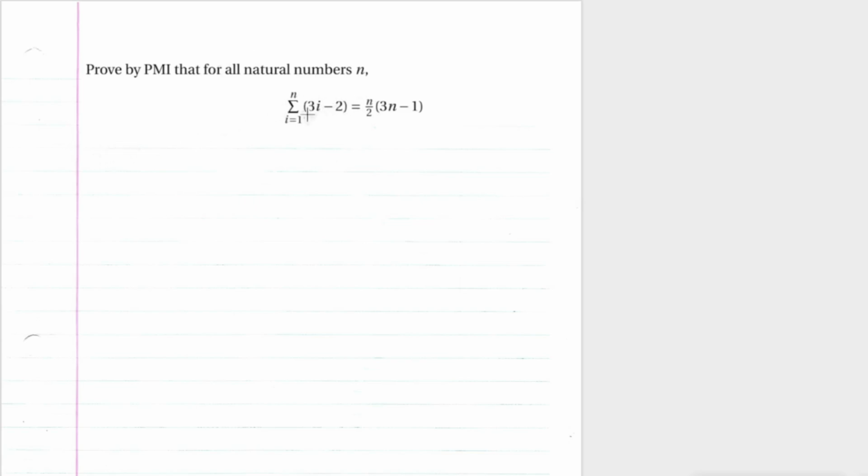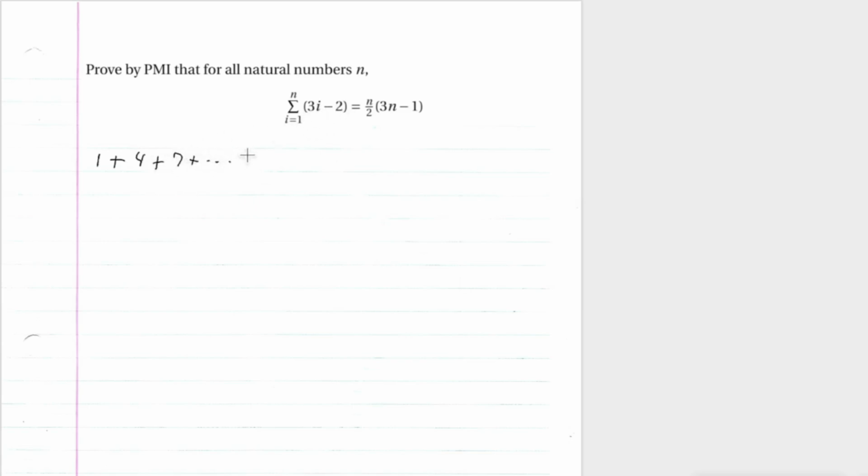So we have the first term of the series: if we plug in 1, that would be 3 times 1 minus 2, so that's 1. Plus, if we plug in 2, 3 times 2 minus 2 would be 4. Plus 3 times 3 minus 2 is 7.